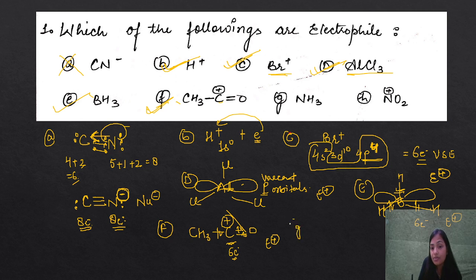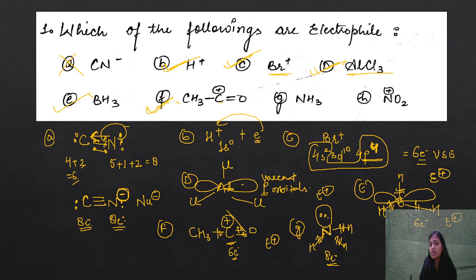If you see option G, this is ammonia. In the case of ammonia, is this electrophilic in nature? This has 1, 2, 3, 4, 5, 6, 7, 8. This is an 8 electron species, and this nitrogen comes from period number 2, with 2s2, 2p6. So it has a complete octet.